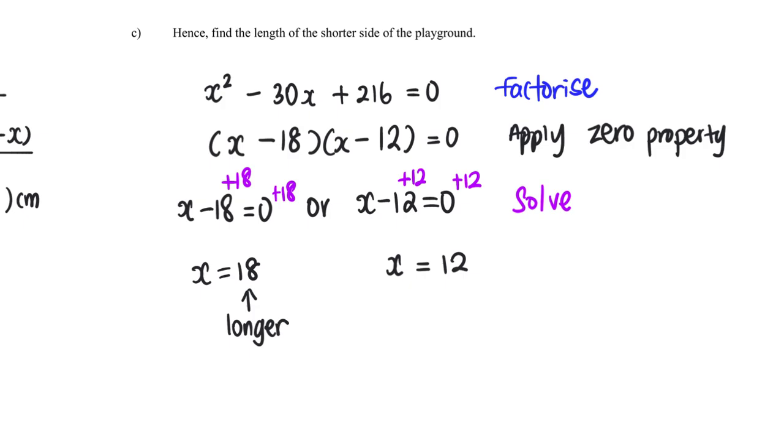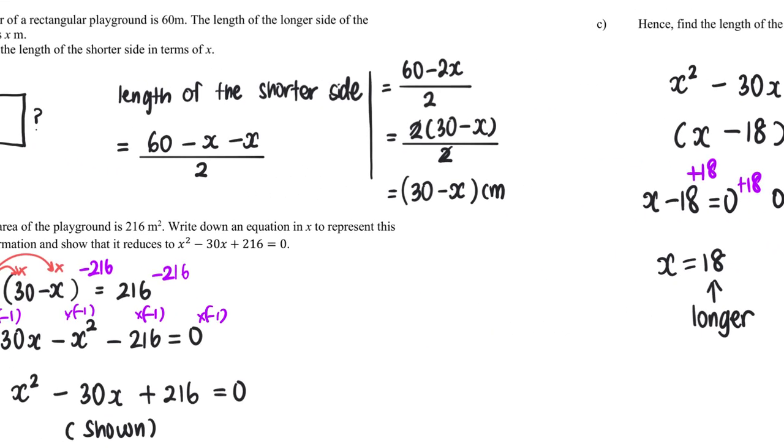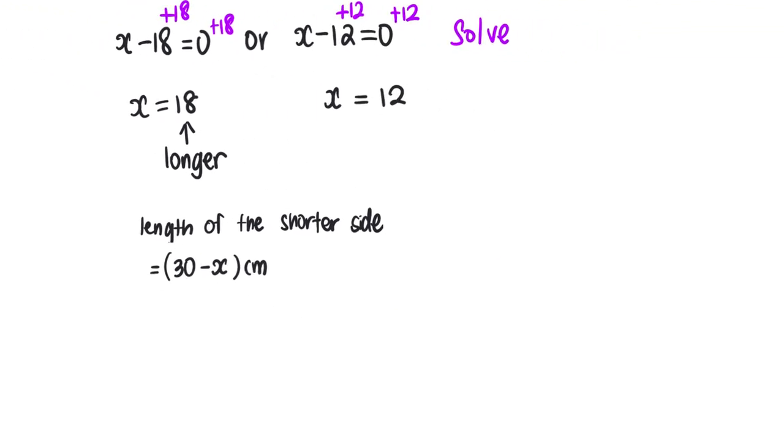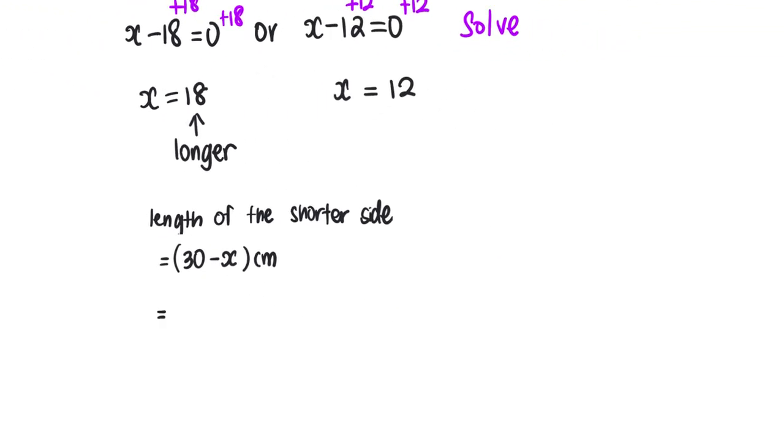And so the length of the shorter side, which is 30 minus x, sorry, so it will be 30 minus the longer side, and I will get 12 cm.